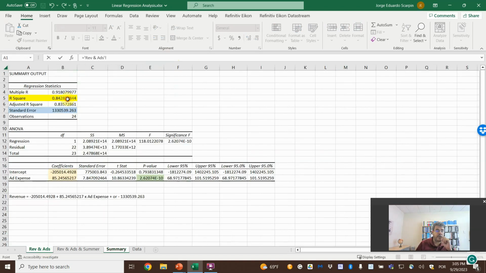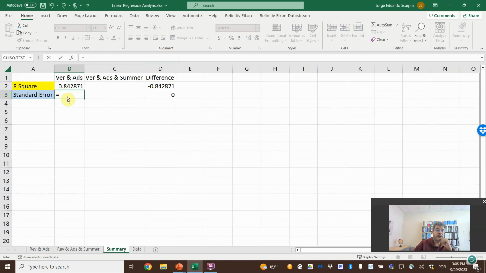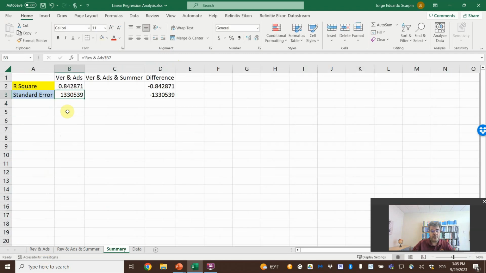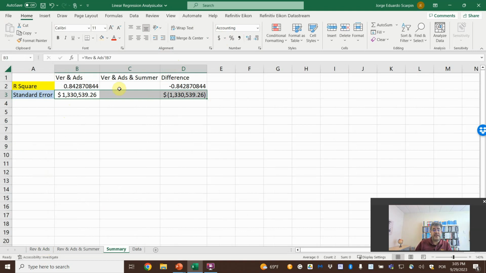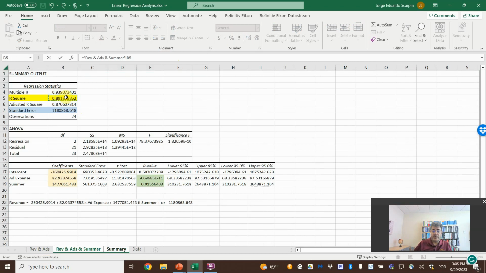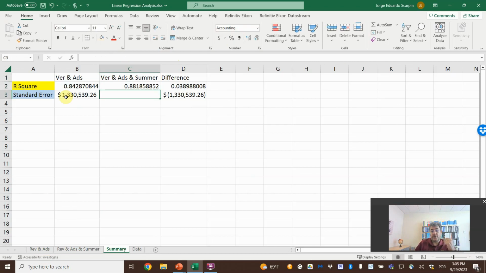So here, the R square 84, standard error, and then we can go here on the dollar sign because we are talking about revenue. So the first error was $1.3 million. The second one is better, so the closest to 1 is the better. And here, standard error, $160,000 less. So yes, when we add the dummy variable, it begins to get better.